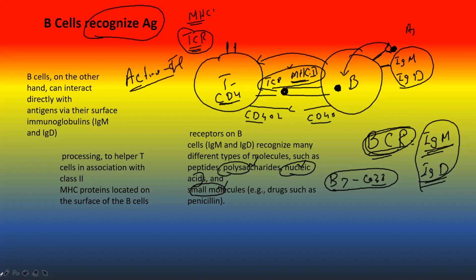Another way: when antigen comes directly to the B cell, what's the other way? If this B cell does not present this antigen to the T cell, what happens?